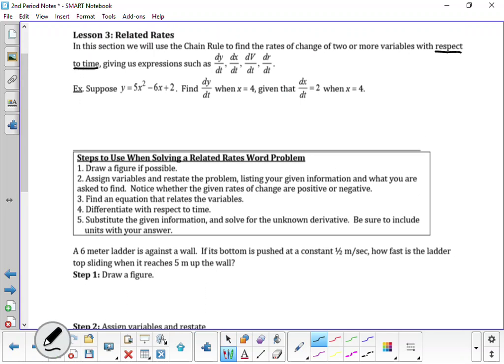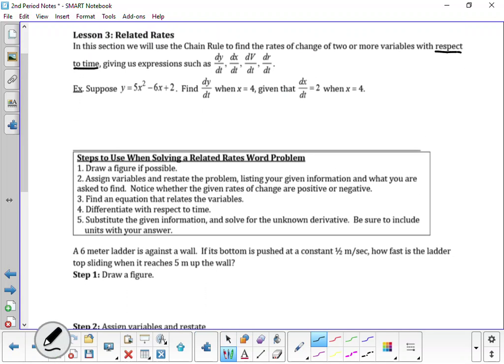And dr/dt is the rate that maybe the radius is changing over time. So you can have multiple things moving for related rates, and these multiple things moving are all based on one another. They're all related. So one thing adjusting makes the other thing change as well.